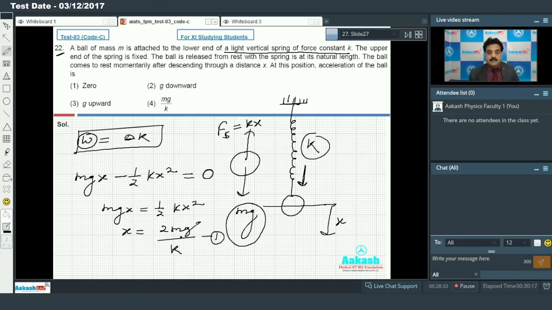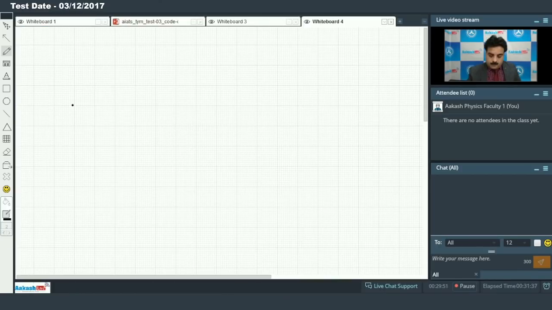Spring force at this instant, this is my second requirement. अब मैं ये जानना चाह रहा हूं कि इस टाइम पर स्प्रिंग फोर्स कितना है. So for this purpose, we will continue with the next page. So I am going to calculate the spring force at that instant, that is kx. As I discussed on the previous board, x is equal to 2mg upon k.